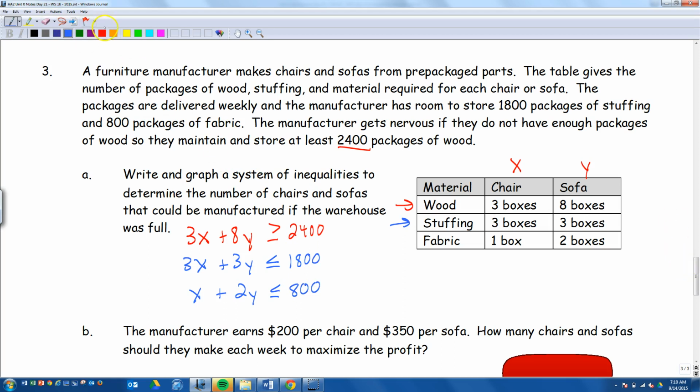Now, if you are curious about how to make your window or your axes, maybe do the XY thing again. So for this one, when x equals 0, y equals 300, and when y equals 0, x equals 800. So I have to go to 800 and 300.